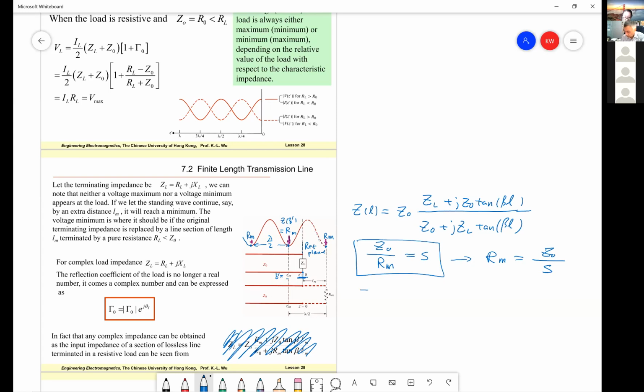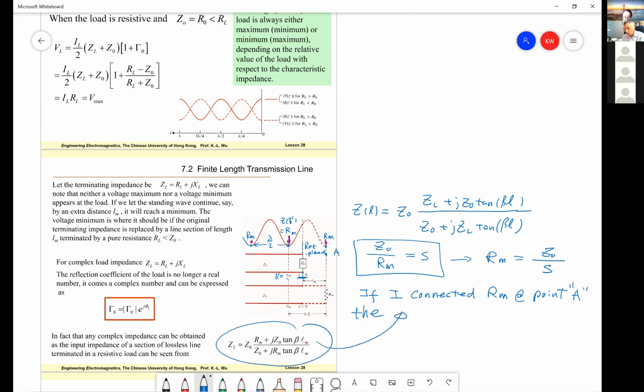Then that means if I connect Rm, say the point A, then I can use this formula, because at this point I know at least the impedance is known, right?